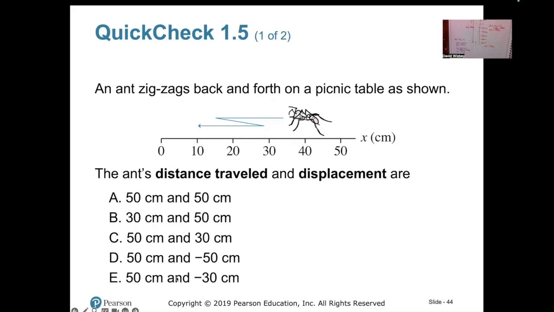The only answer can be minus 30, because it started at 40 and ends up at minus 10, so you moved minus 30. And then we would measure the distance here. So this goes from 10 to 30, that's 20, and then it looks like this blue part here is also maybe 20, and then this part is 10, so that gives us 50. Not a great picture, but whatever.